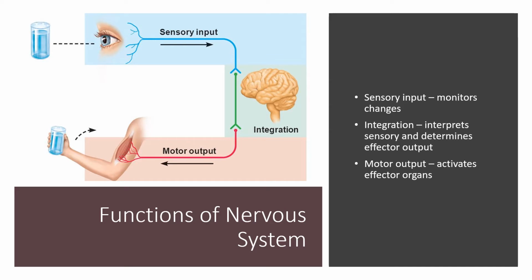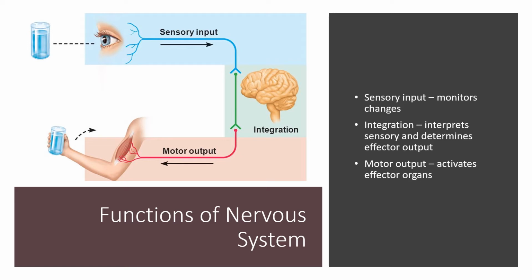In this image, you have a person who's looking at a glass that's filled with water. If you're not going to do anything with it, if you're not thirsty, your brain is just going to look at that information and then tell yourself that this is in fact a glass of water. It's bluish, it's otherwise clear, it's sitting on a table, that kind of thing.